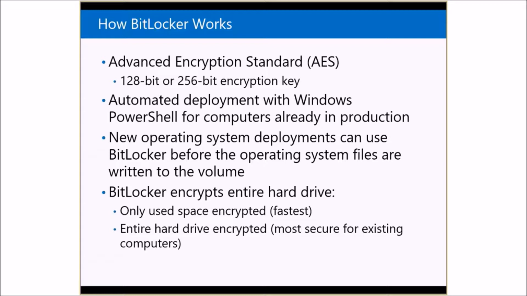It's a bit like our VMware, where we don't allocate disk space straight away, so it's only how much we use. In this option, we only encrypt whatever data we actually use, and the other part, which is empty, is not encrypted. But then we've got the other option, where the entire hard drive is encrypted, and this is obviously the most secure for an existing computer.